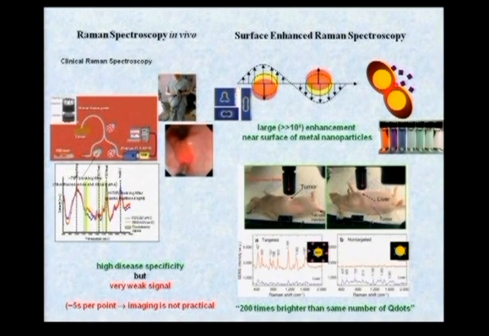And remember, I told you before that quantum dots are extremely bright fluorescence. And then in the other mouse they injected the surface-enhanced Raman nanoparticles, and the optical signal in the nanoparticle case was 200 times stronger than the optical signal from quantum dots. So that was a completely remarkable finding that no one would have expected.